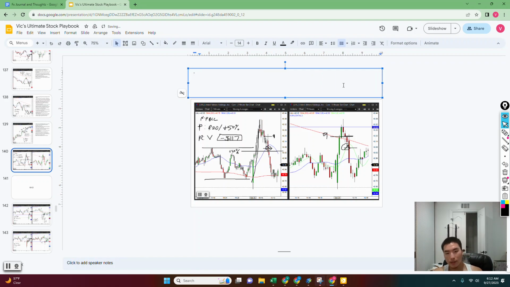Okay, let's see. I think the trade idea was a classic trade idea that I take any day. Lost an extra 17 bucks because of slippage.